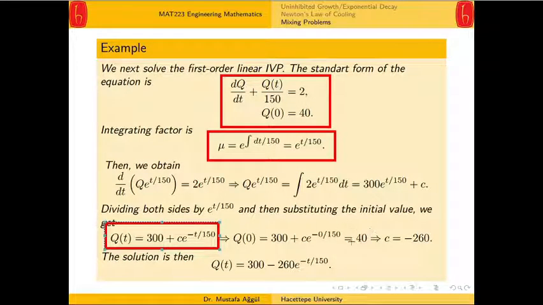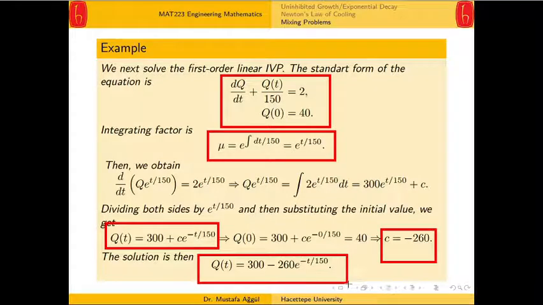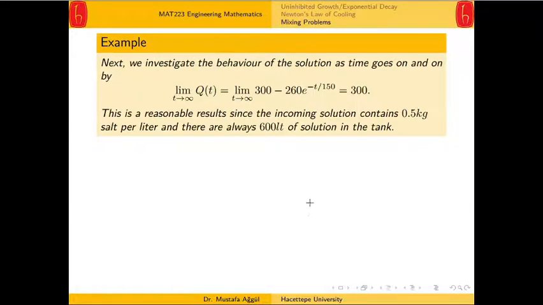And then if we try to find C, this will be negative 260. So when we substitute C in the solution, we obtain Q(t) is equal to 300 minus 260 e to the negative t over 150.